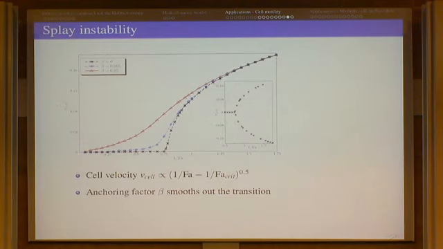And then you can do those simulations for different activity parameters. What we see here is kind of a Hopf bifurcation. So the instability occurs only if the activity is above a certain value, which you can see here. And the other colors are the parameter beta, which smooths out this transition.